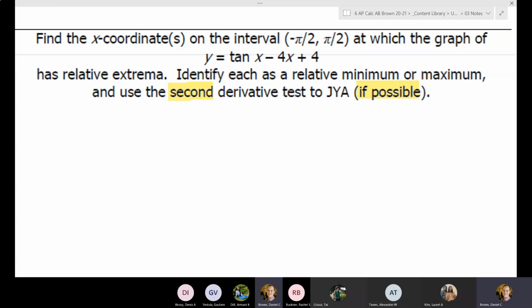But first step, what you should be able to do, find when the derivative is equal to 0. And make sure you pay attention to the interval that we're looking at.